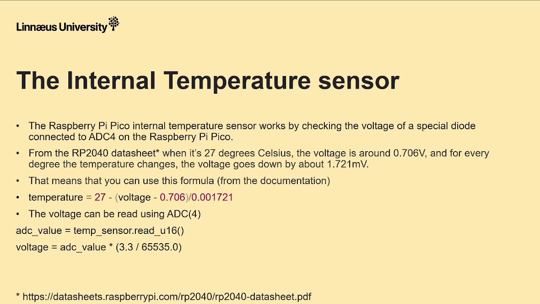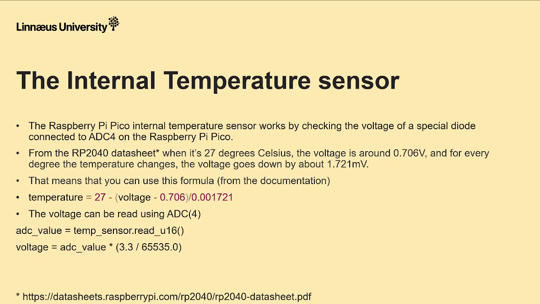The internal temperature sensor is connected through ADC4, the analog to digital converter 4. It's internal, and what we do is measure a voltage, and we know that if it is 27 degrees Celsius outside, the voltage should be around 0.7 volts.